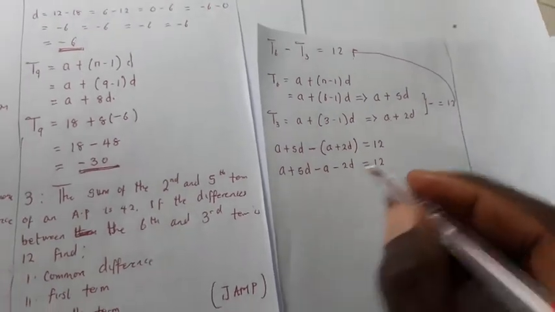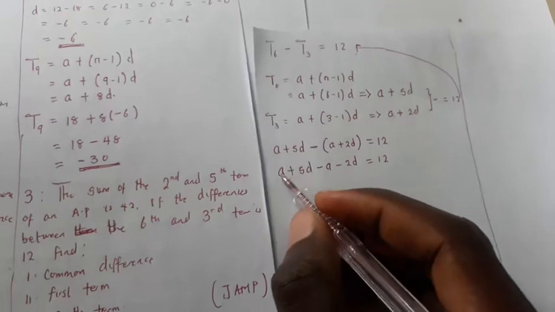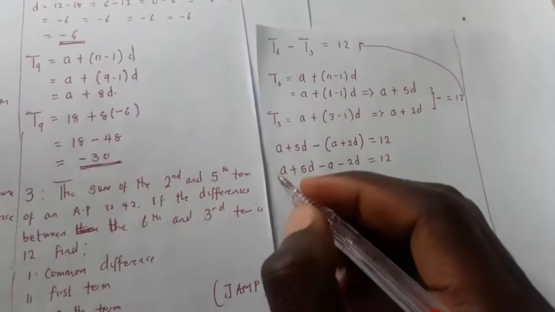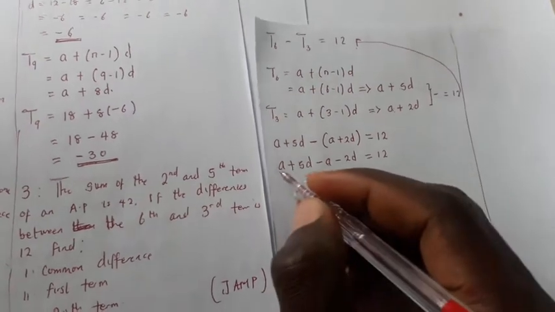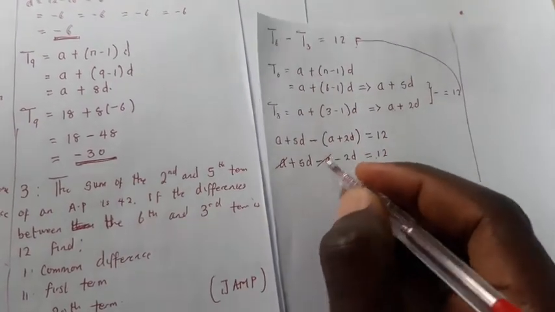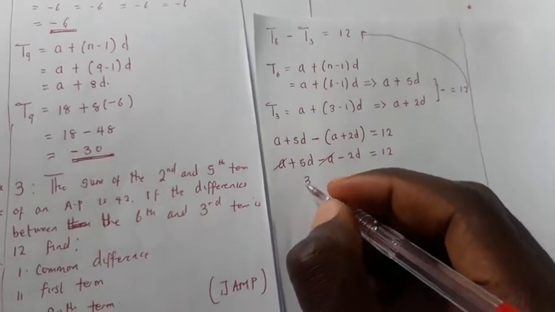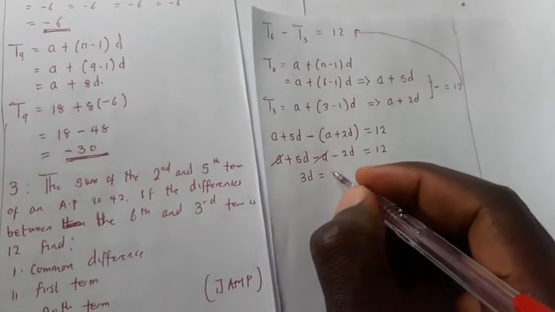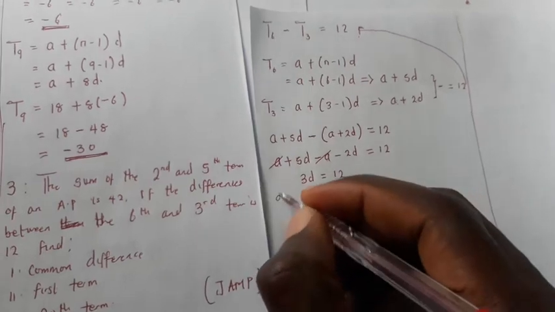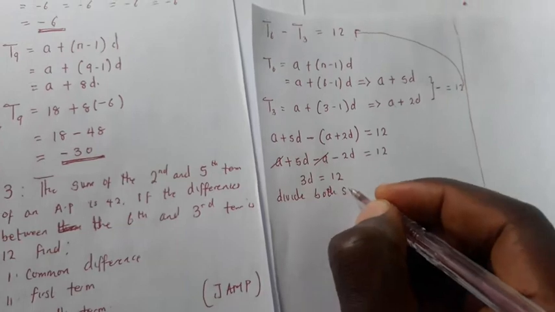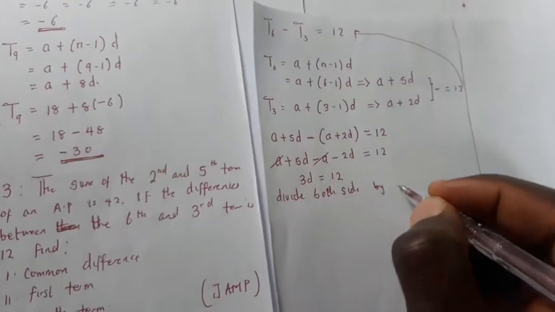So this is A minus A. That will be 1A minus 1A, which is 0, so they cancel each other. 5D minus 2D gives 3D equals 12. Divide both sides by 3.